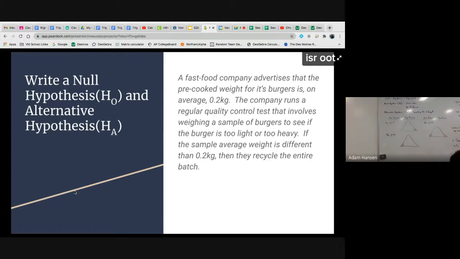Okay. So for this example, let's write the null and alternative hypothesis. Are we talking about proportions or means? Is this percents or averages? Average. So we're going to describe our null and alternative hypothesis in terms of mu.